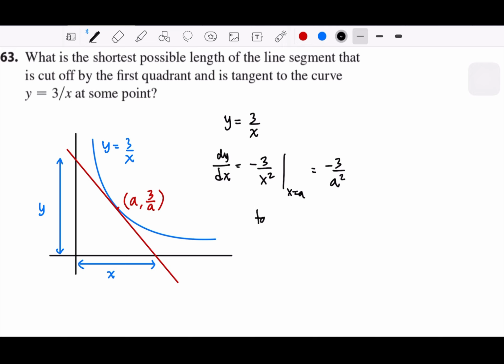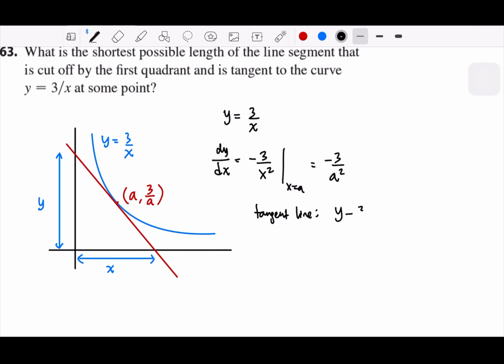Now the tangent line, we can input the line equation: y minus 3 over a is equal to negative 3 over a squared times x minus a. We can solve this, and then plus 3 over a plus 3 over a is plus 6 over a, right?